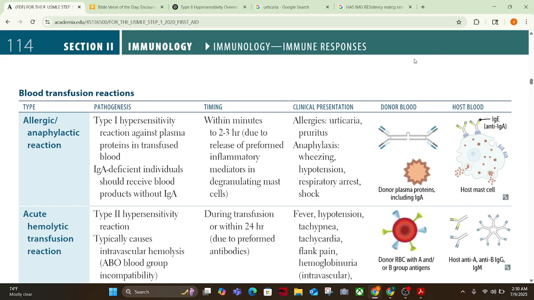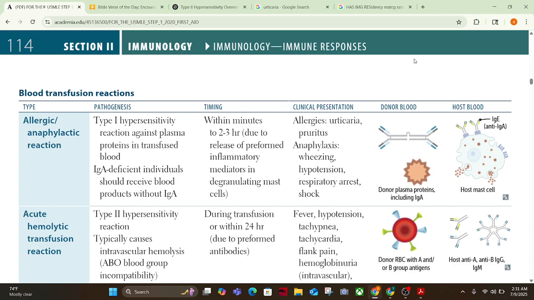So what's happening here is that the patient has anaphylaxis against proteins in the donor's blood. If a person with IgA deficiency gets blood from a regular person that has IgA in their blood, the person receiving the transfusion will have anaphylaxis because they don't have IgA in their own blood.